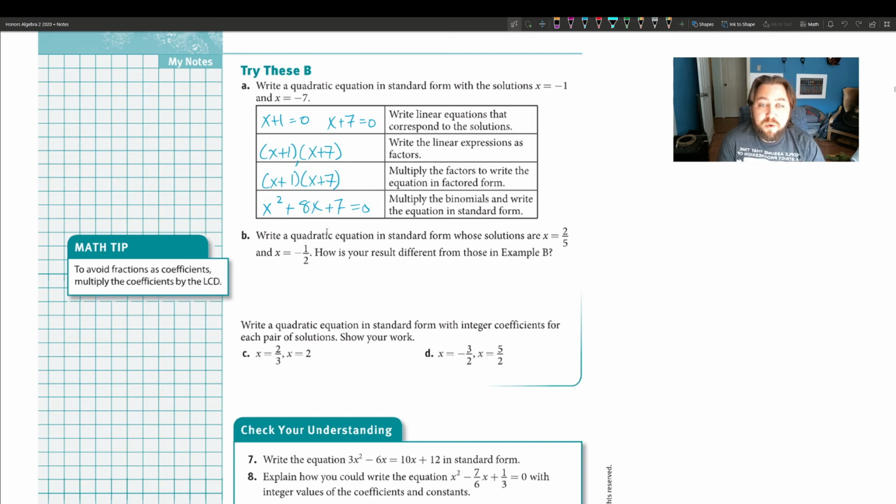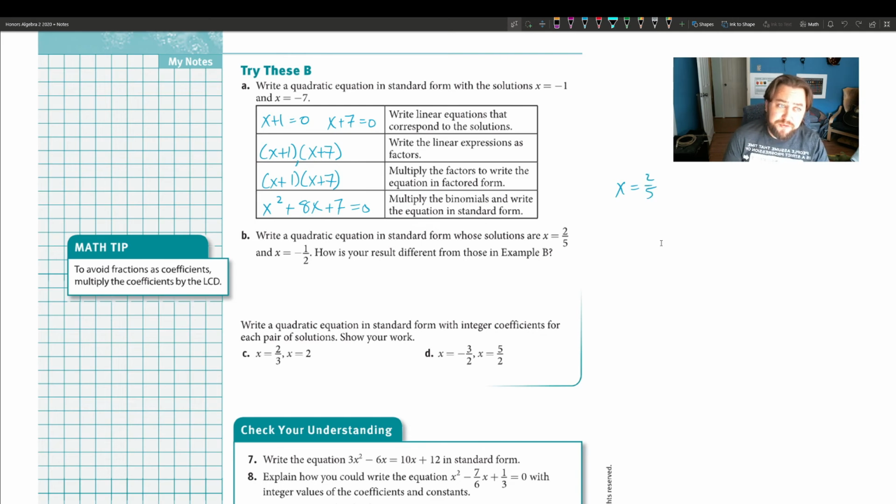So let's see here. Write the quadratic equation in standard form whose solutions are 2/5 and -1/2. Okay, so these are a little bit trickier. So this is the way that I look at it. Let's do it this way. x equals 2/5.